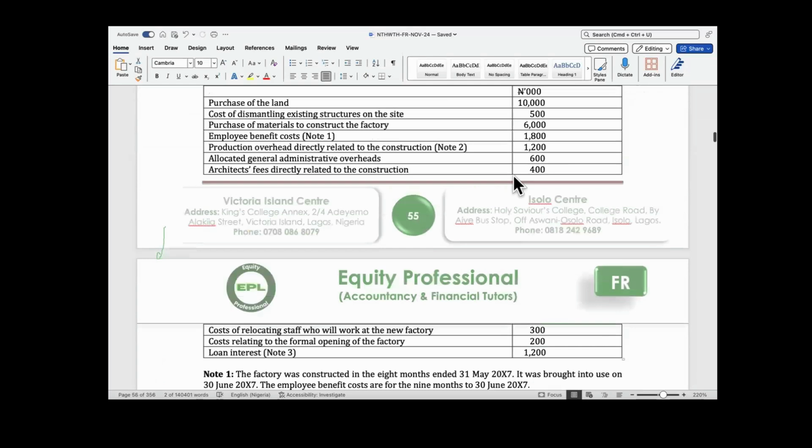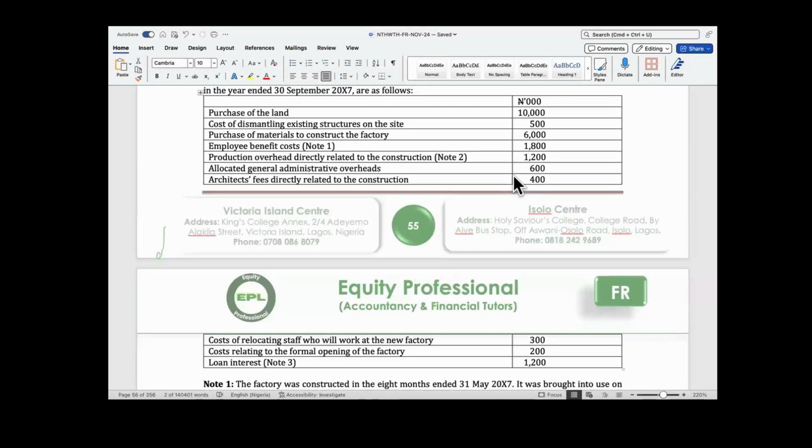So, sir, if we buy an item of PPE and while transporting it, it gets damaged in the process, the cost of putting it back to its original state, are we going to treat it as we just treated this, or will we capitalize it? You capitalize that because that one is a finished product already. It's different from an asset you are constructing.